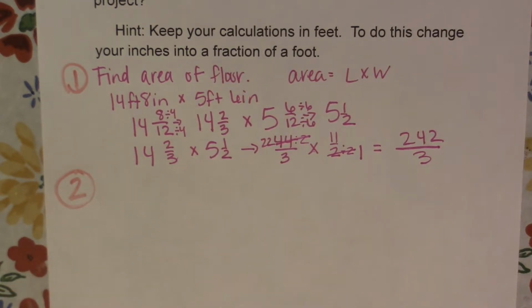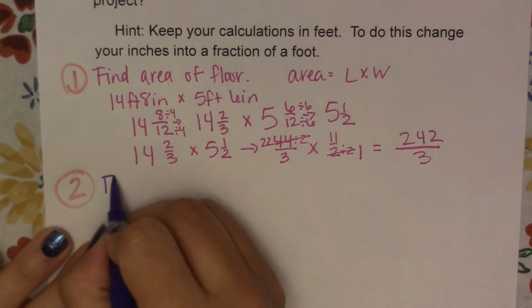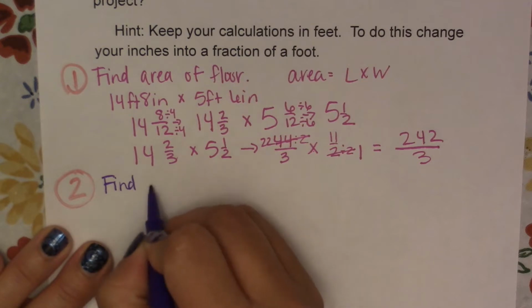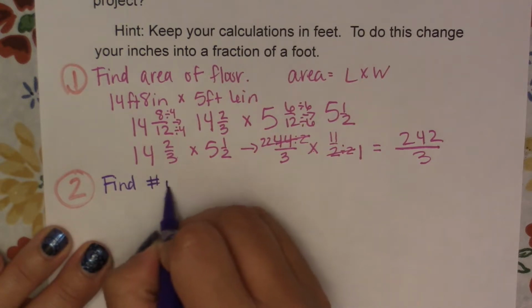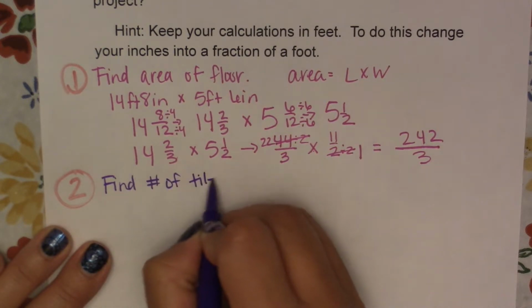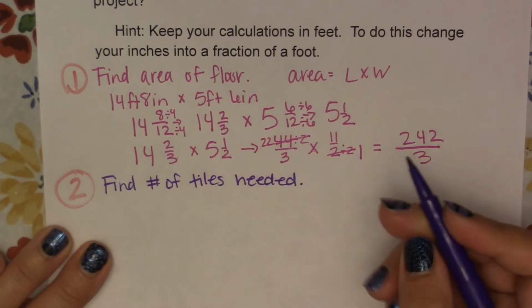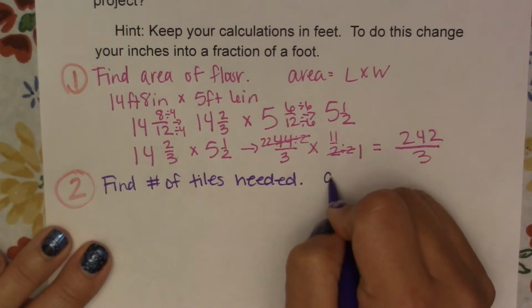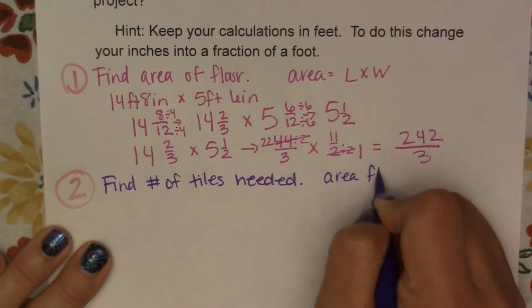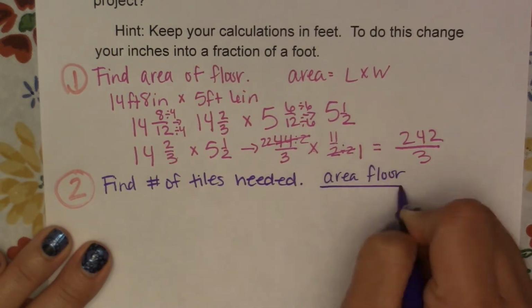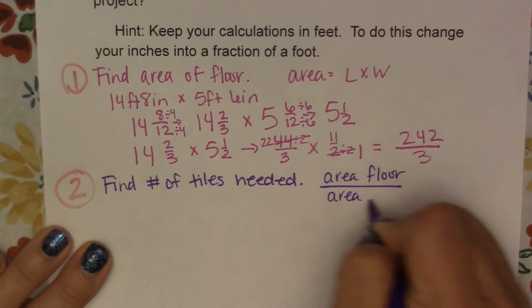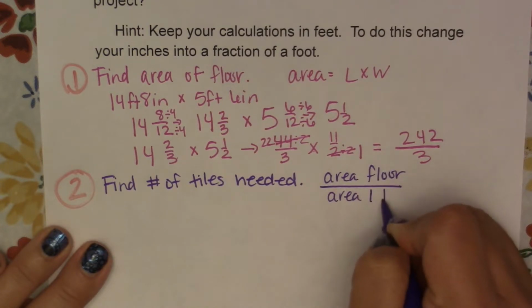Alright, our second step is going to be to find the number of tiles needed. Now to do this, we're going to take the area of the floor and divide it by the area of one tile.